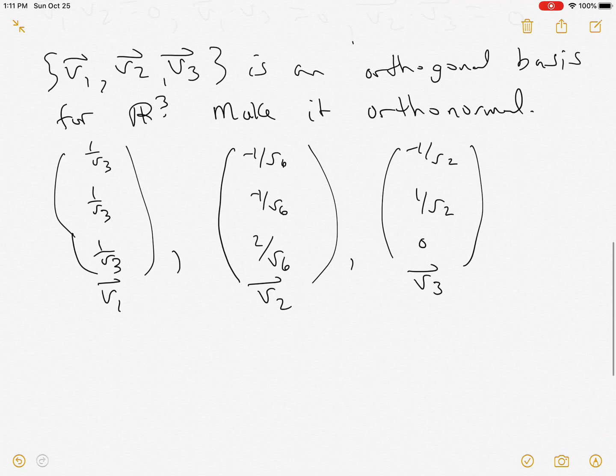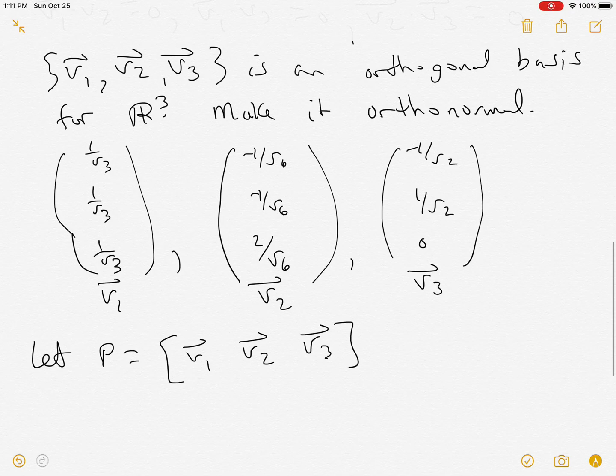Okay, so now we let P be these 3 column vectors. Okay, and we're going to let D be a diagonal matrix, and these have to go in order, with diagonal entries 3, 6, and 8.